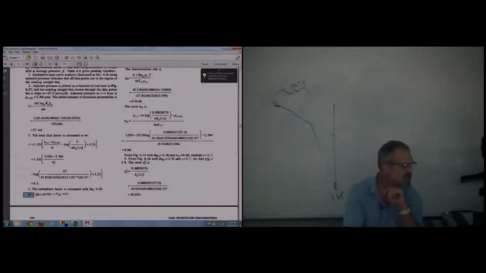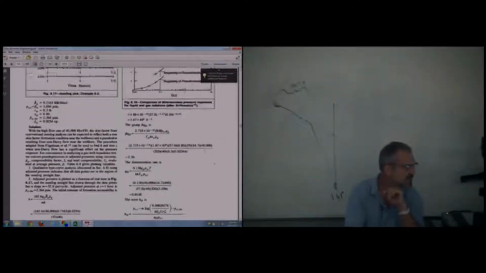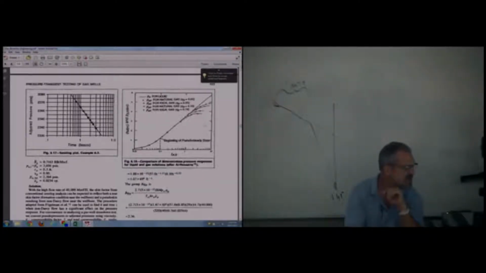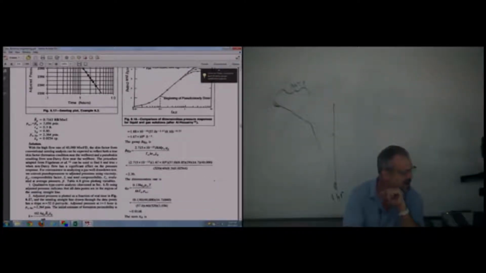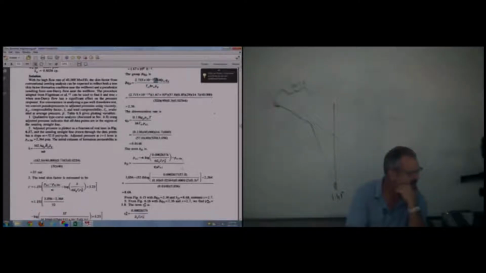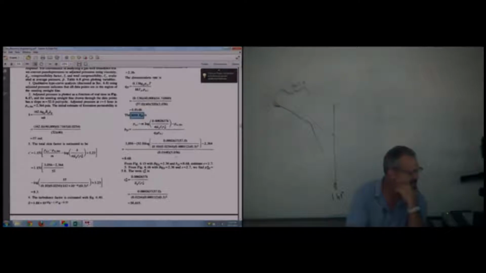Then once they get the turbulence factor, they've just started. Then they get the group, B sub QD, which is a function of the turbulence factor, the perm, not much else new there. And then they get another term, the term B. This is a lot of work, guys.